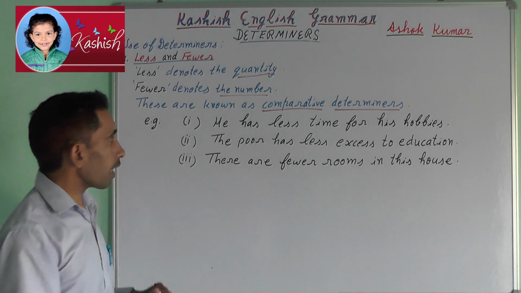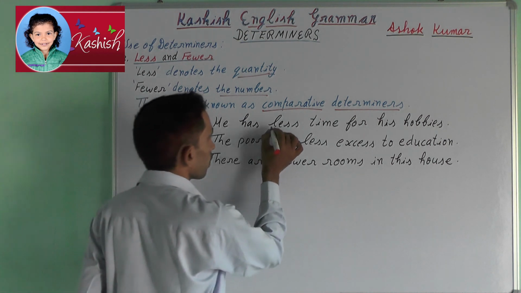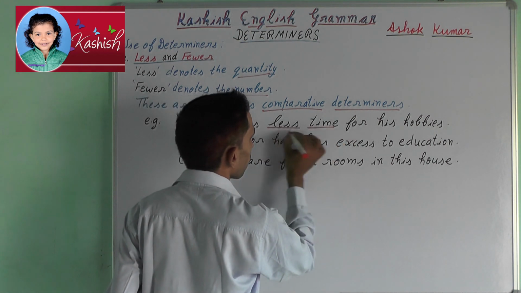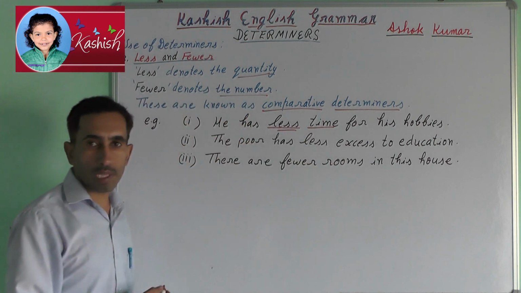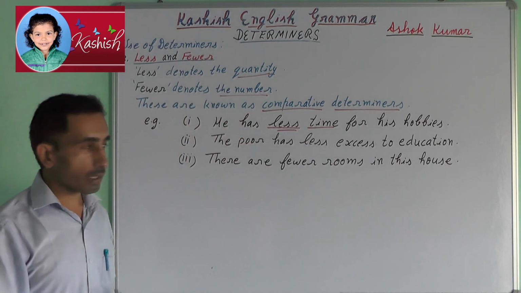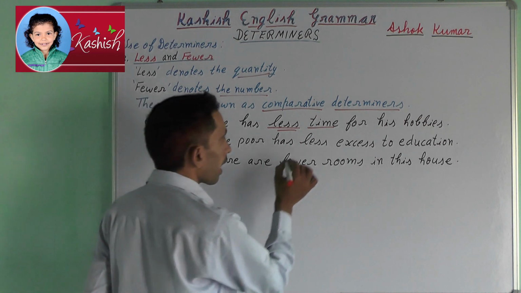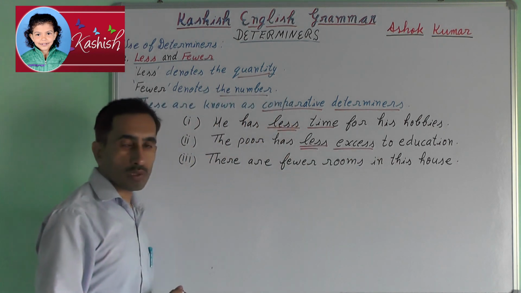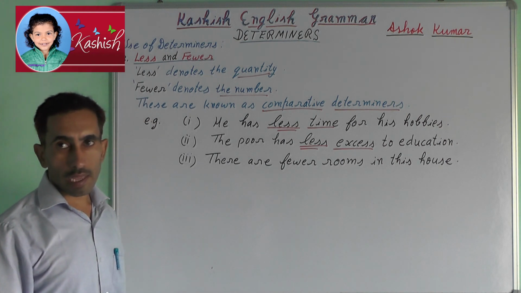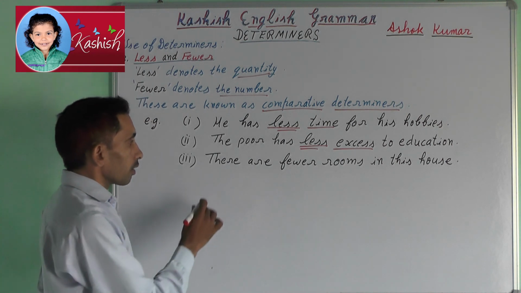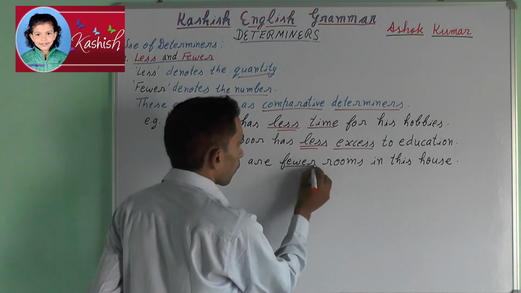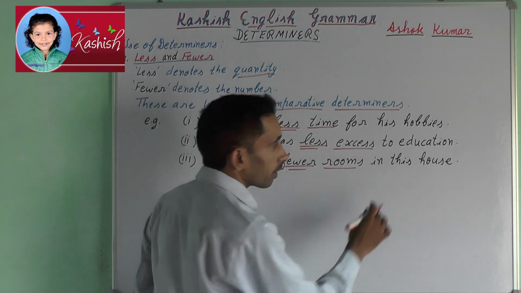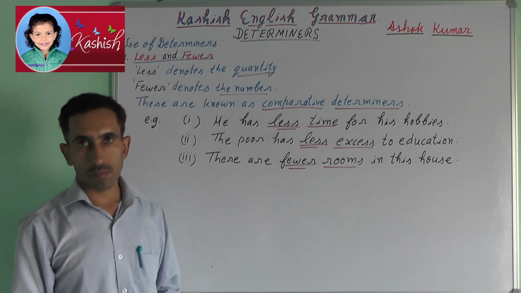For example, he has less time for his hobbies. Next, the poor have less access to education. Next, there are fewer rooms in this house.